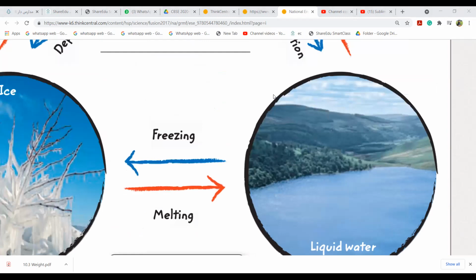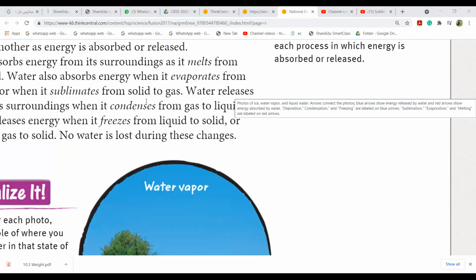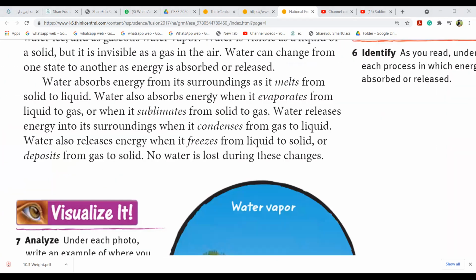So this is something new, beyond what we studied in the higher grade. Water also absorbs energy when it evaporates from liquid to gas, or when it sublimates from solid to gas. Water releases energy when it is coming back. See, simple, girls, there are 2 arrows, 3 arrows like this. Solid to liquid and liquid to gas.